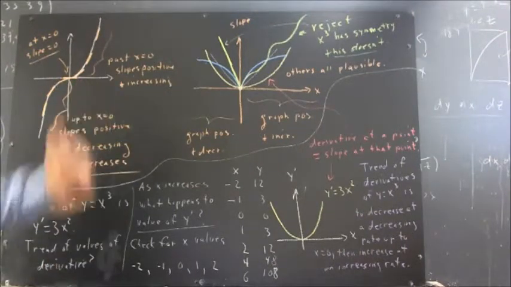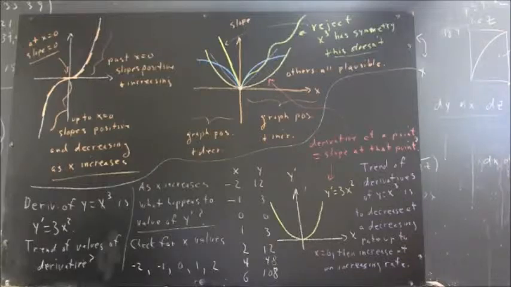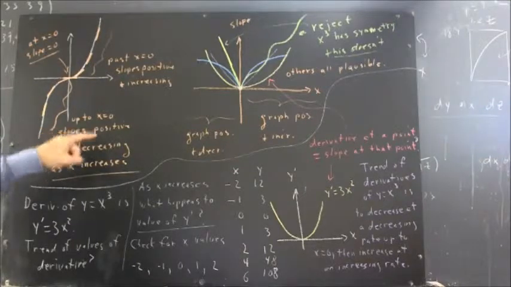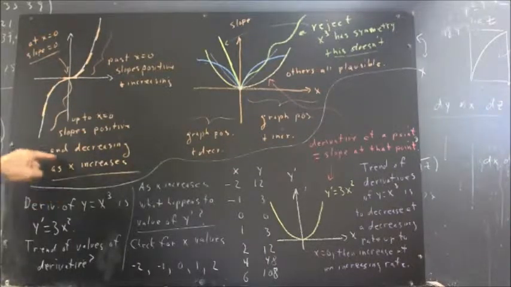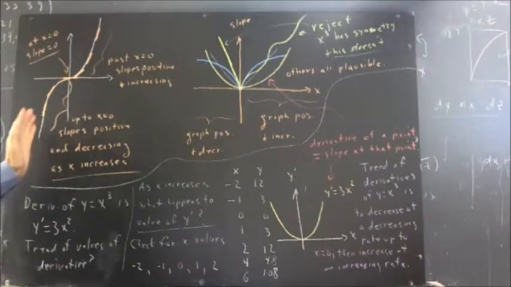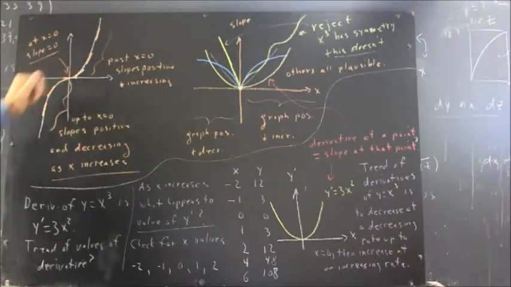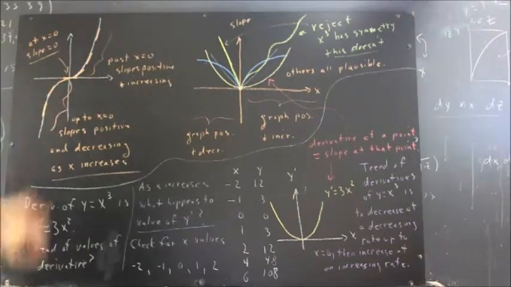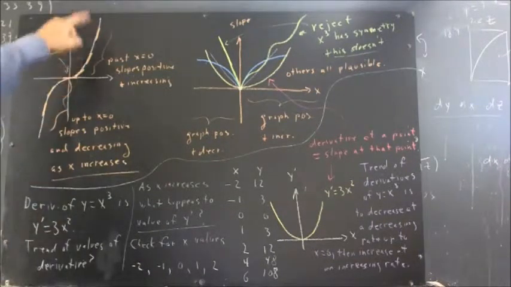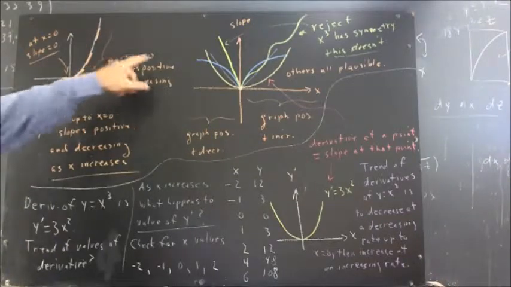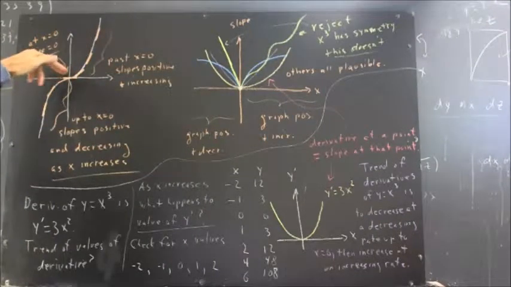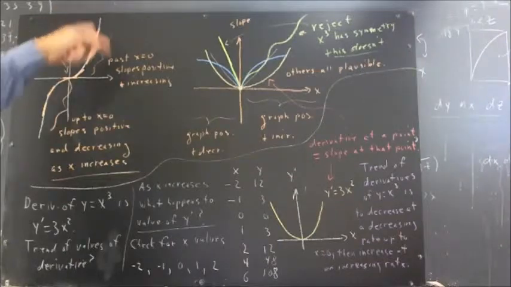Okay? Now, let's be sure we understand how we arrive at this graph. On this graph, the slopes are positive up to x equals 0 and decreasing. Okay, positive slopes decreasing as x increases. So as x increases, slopes decrease but remain positive. Then on the other side of 0, past x equals 0, the slopes are positive and increasing.